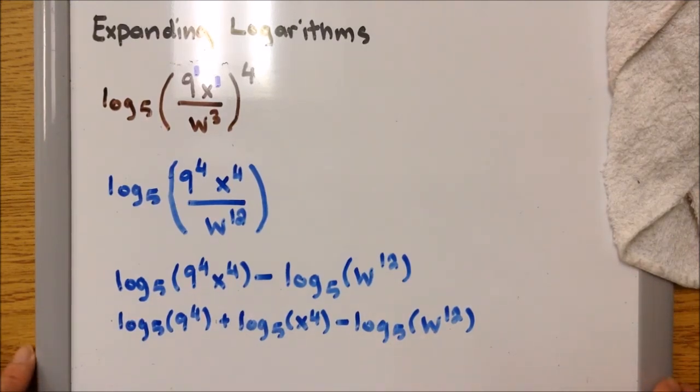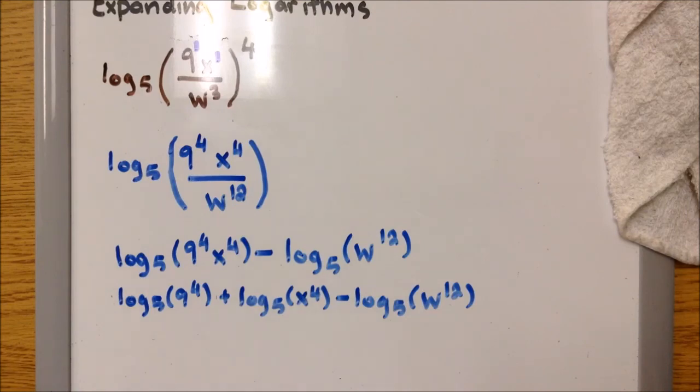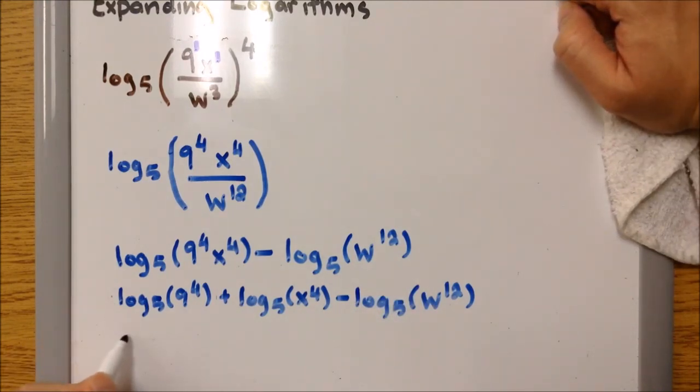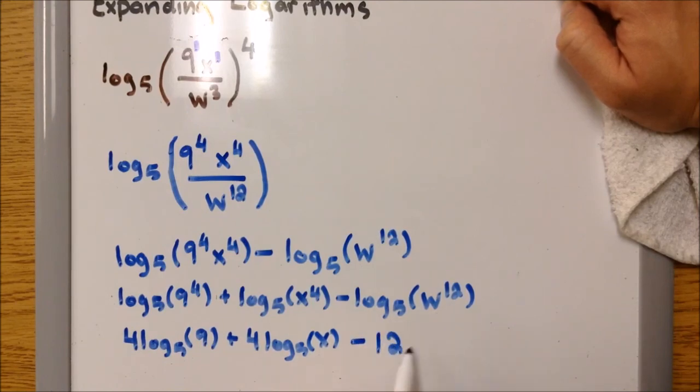Now the only thing I have left to worry about is the exponents. So that means we're going to use the power property. So for the power property, all we're doing is just moving the exponents to the front of log. So the first one is 4 log base 5 of 9 plus 4 log base 5 of x, and then minus 12 log base 5 of w.